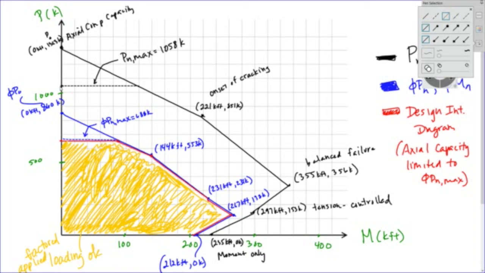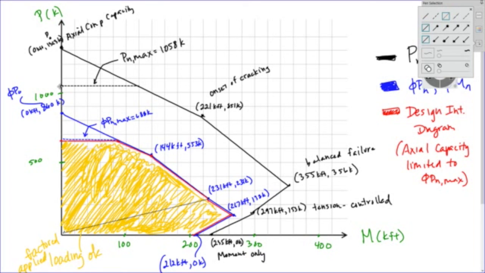our phi factors. At the balanced failure, I'm going to draw a line from the center to the balanced failure phi PN, phi MN.